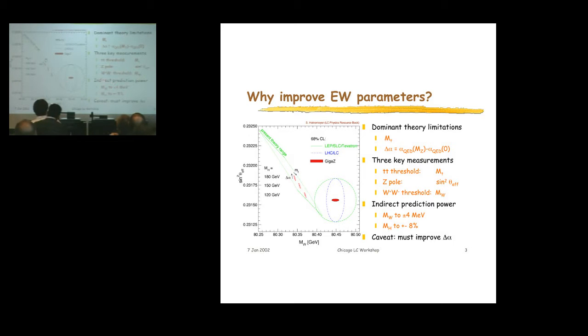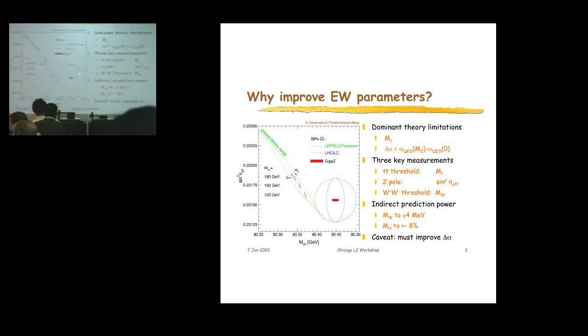Another way of looking at it, in terms of indirect prediction power, is if you have the Higgs mass measured, you can then predict the W mass to about plus or minus 4 MeV, and if you have the W mass, you could predict the Higgs mass to about plus or minus 8%. Now, there's one caveat.